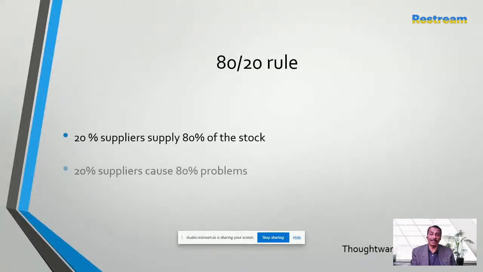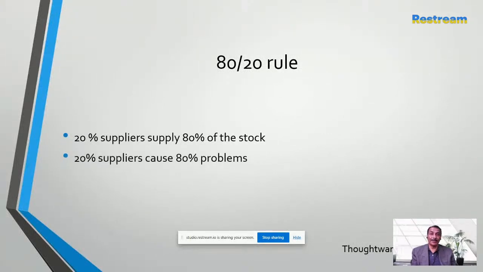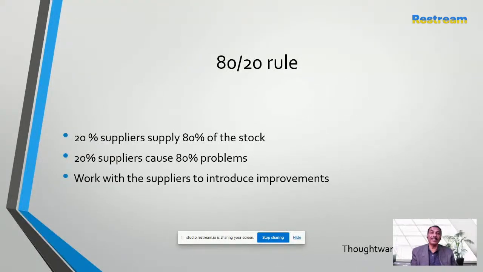So this is a basic condition. As you can see, 20% of the suppliers cause 80% of the problems. So you need to focus on this 20% to have better control. Work with these suppliers to introduce improvement.